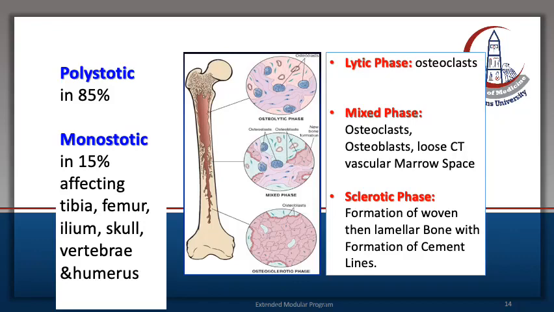And as I said before, there is a lytic phase starting this battle, formed mainly by osteoclasts. Afterward, there is a mixed phase. Here the osteoblasts appear beside the osteoclasts with a loose connective tissue in the bone marrow spaces. Finally, there is a sclerotic phase with the formation of woven, then lamellar bone with formation of cement lines.